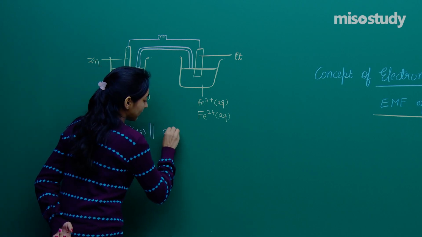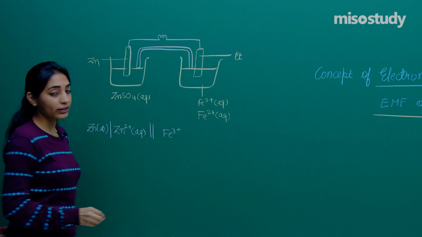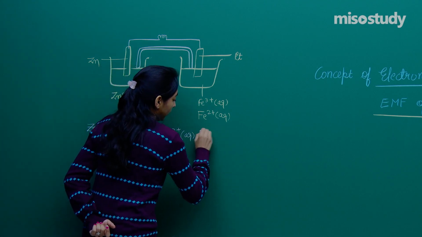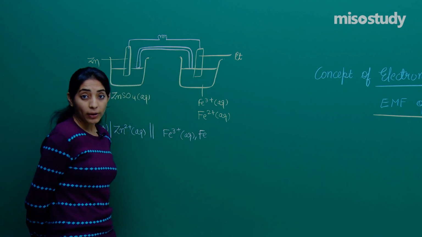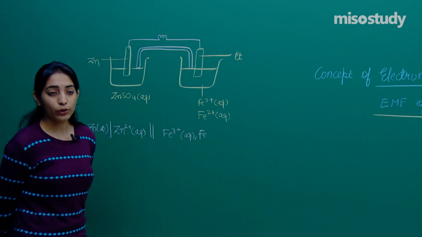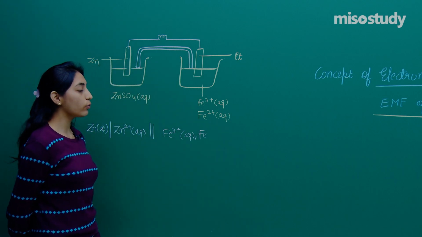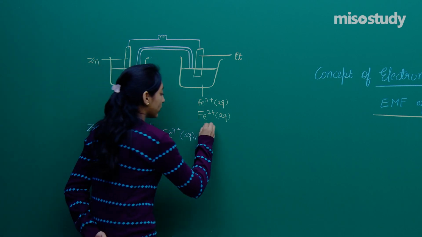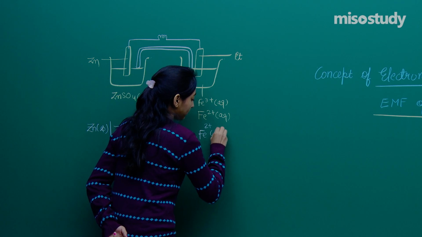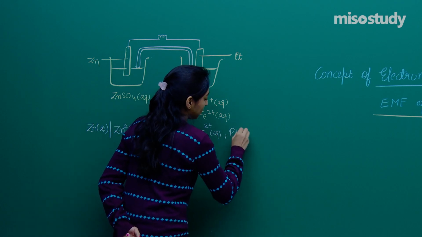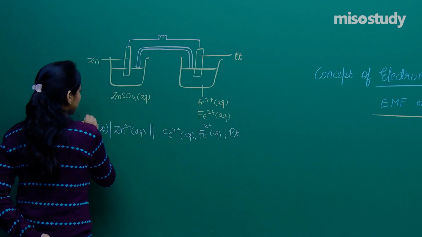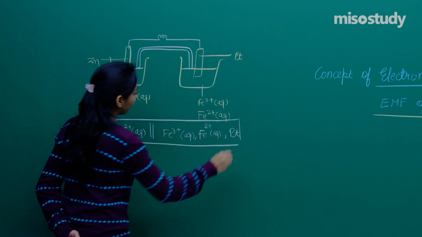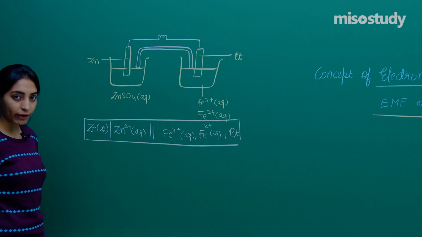After that, since we were talking about reduction, first we write Fe3+ in the aqueous state, separated with a comma because the two phases are the same. Fe3+ is in the aqueous form and Fe2+ is also present in the aqueous form, so we write Fe2+ aqueous. Then there was this platinum electrode. So this was the cell representation of the cell that we had done, right?